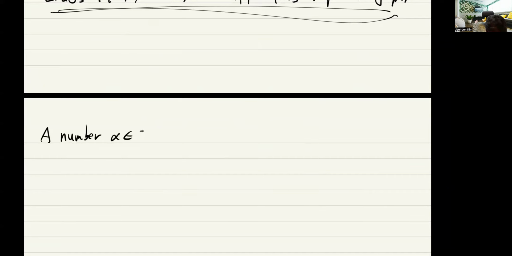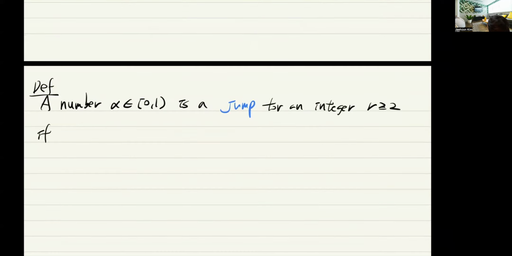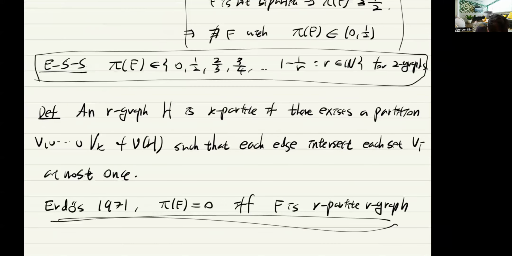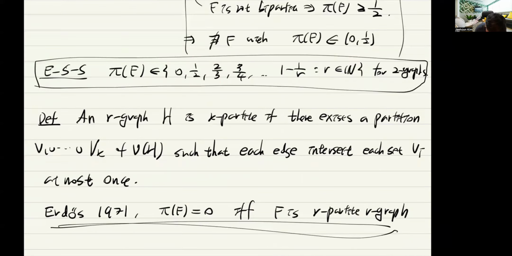Motivated by this question, we say that some number alpha between 0 and 1 is a jump for an integer r if the following holds. So here, after half, there is this interval of nothingness. There are no graphs whose density is here until you have this one. So there is this gap, and we want to describe this gap.